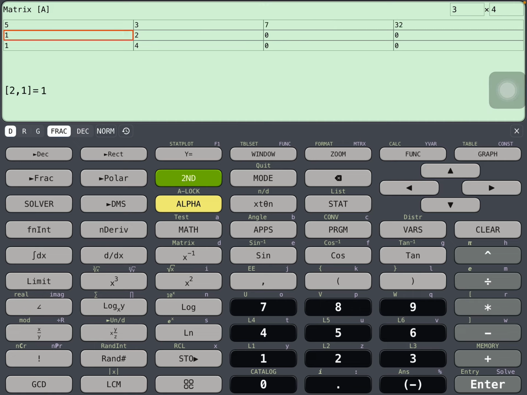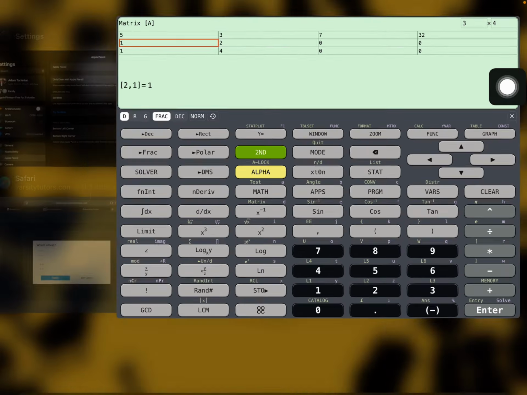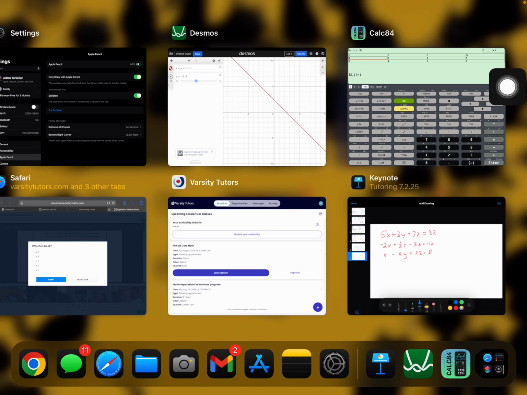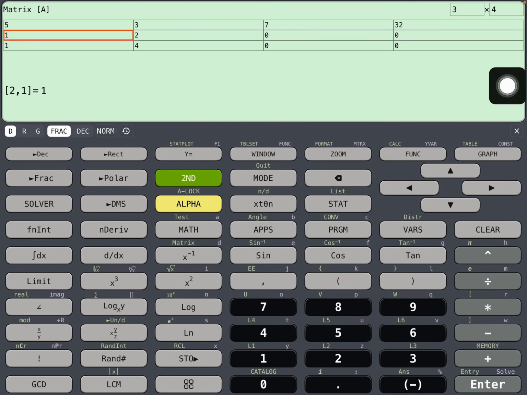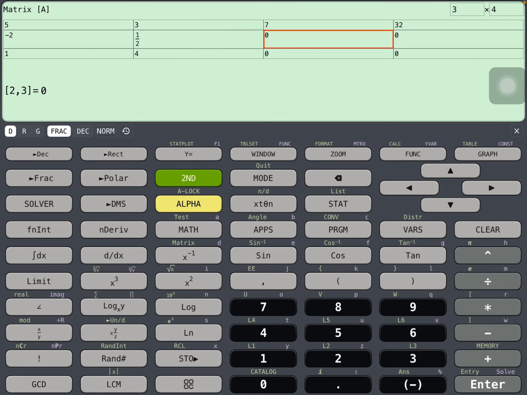Type in the coefficients and then the answers on the other side of the equal sign in that fourth column. Negative 2, 1/2, negative 3, 10. 1/2 is just going to be 0.5 or 1/2. Negative 3, 10.